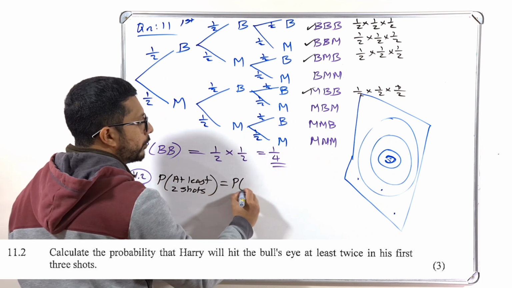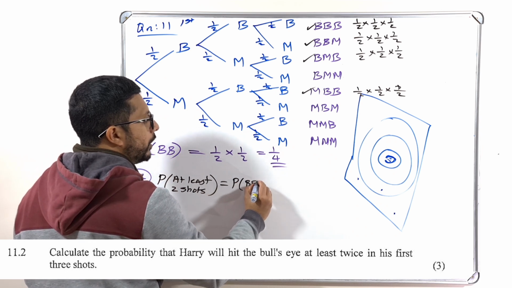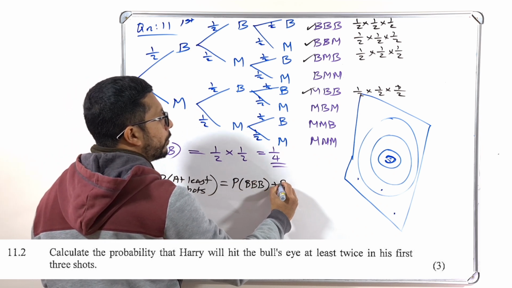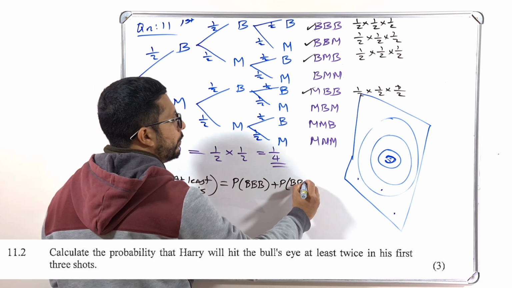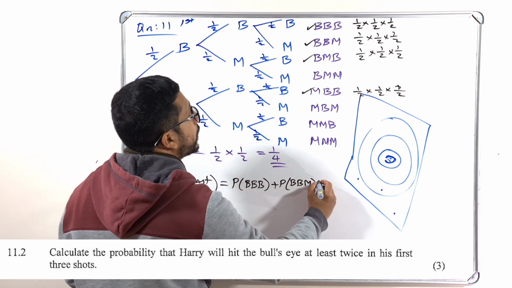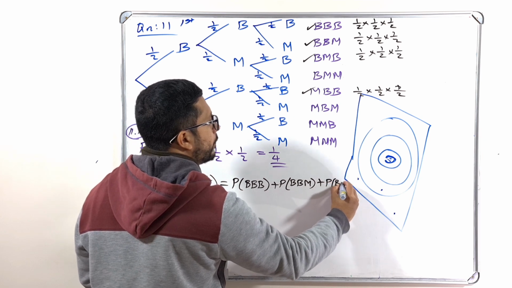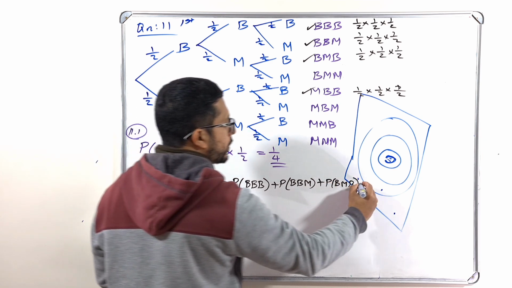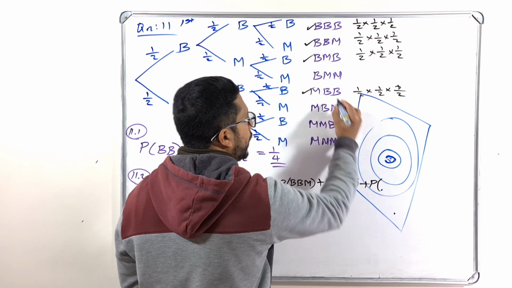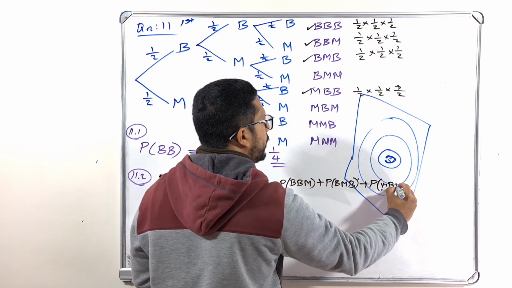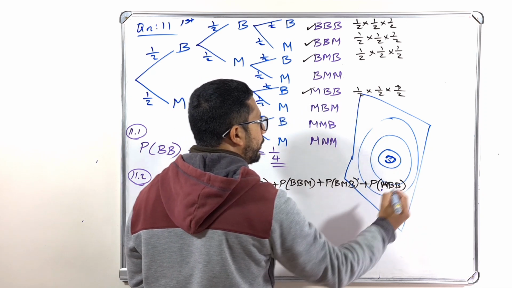So how can you find it? The probability of BBB plus the probability of BBM plus the probability of BMB plus the probability of MBB.